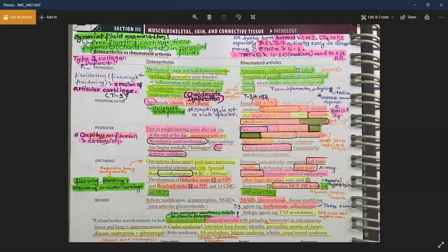So what are the joint findings? These are the symptoms, and after that you will have to run some tests to diagnose the patient. So what are the joint findings you will see? One is the osteophyte or bone spur formation. Because of the loss of cartilage, the two bones will become very close to each other, as you can see.